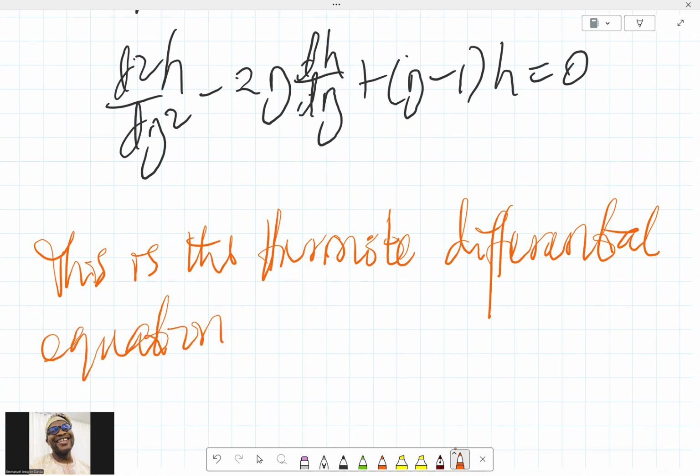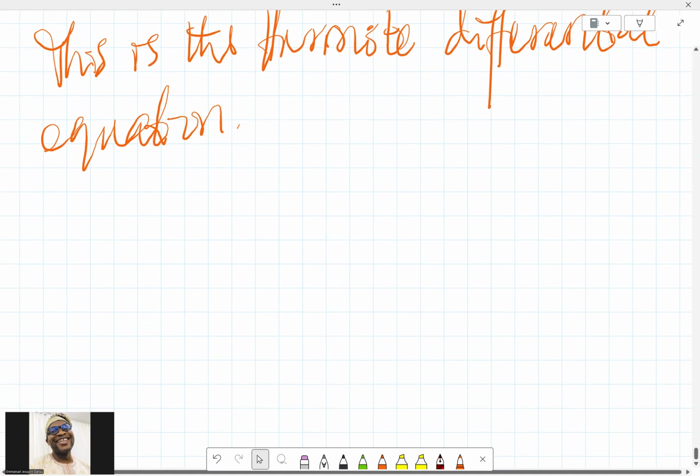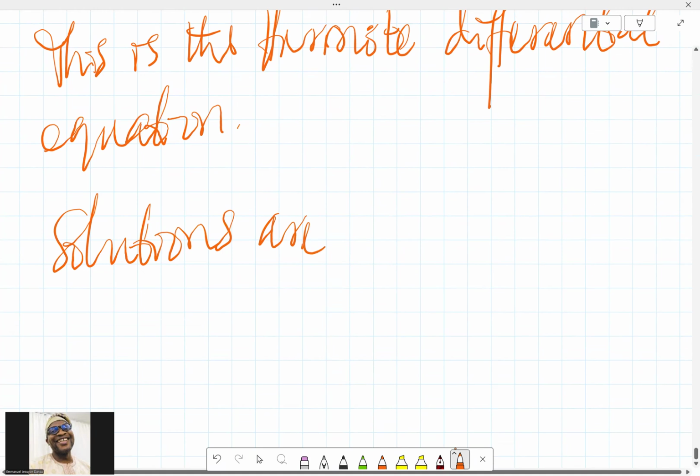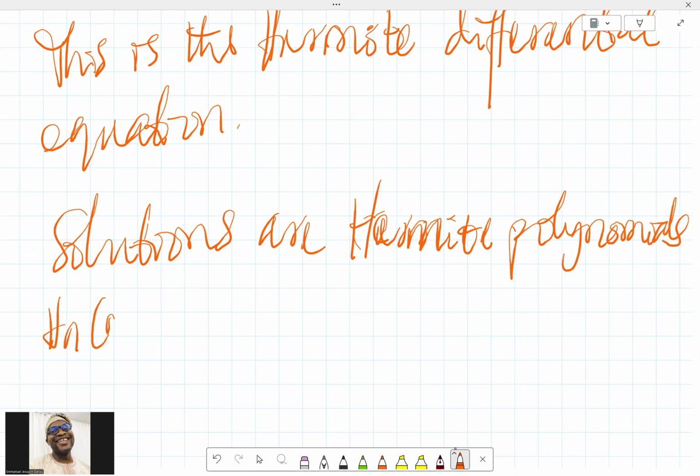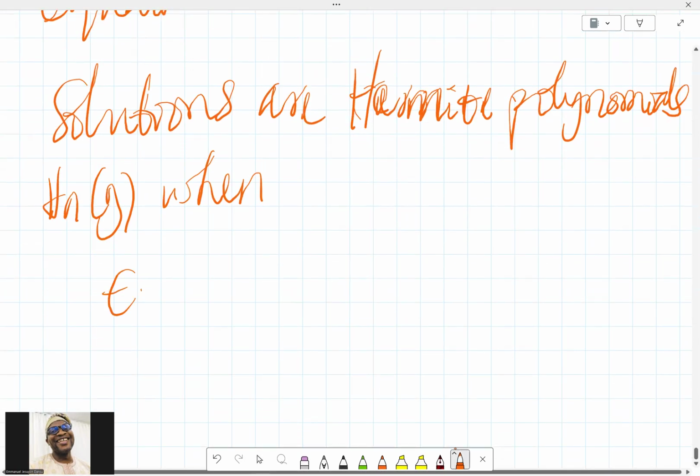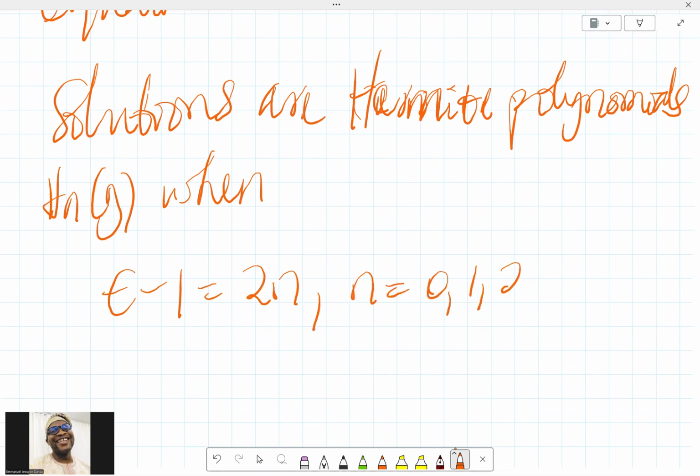Solutions are Hermite polynomials H_n of eta when epsilon minus 1 is 2n for n equals 0, 1, 2, and so on.